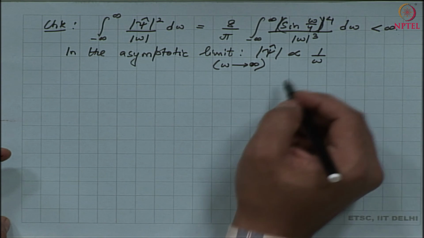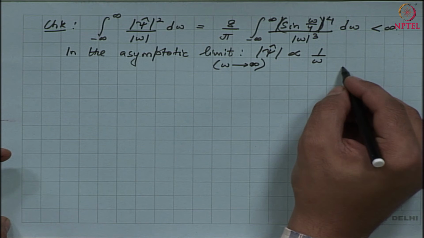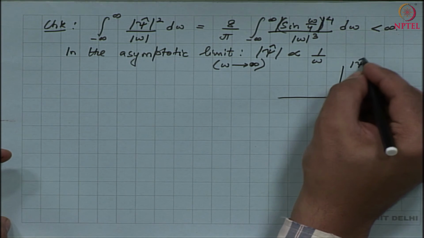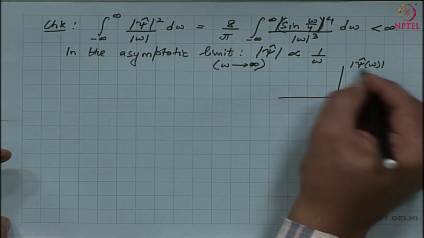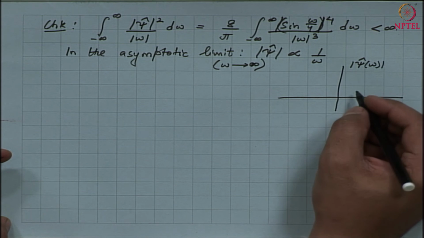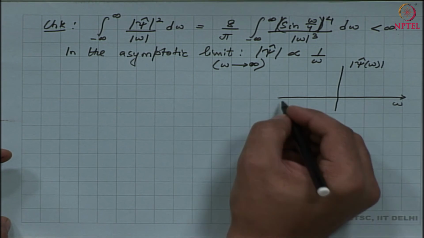Now, let me just show you how this transform looks like: the absolute value of the transform of psi, the Haar wavelet, versus the transformed parameter.